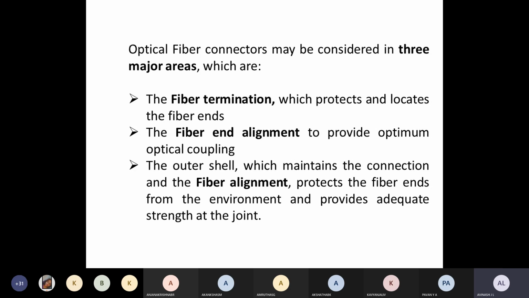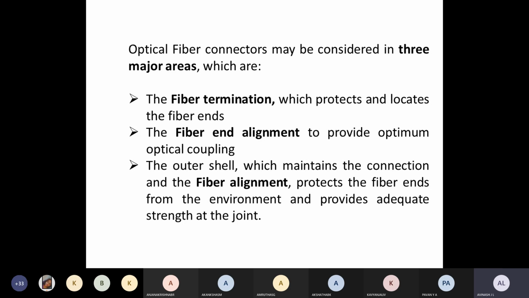If it is a mismatch, the wave will not take the required angle of incidence and angle of reflection, and then we are also going to lose the energy. In order to avoid that, fiber end alignment should be maintained properly to provide optimum optical coupling. Make a note of it.